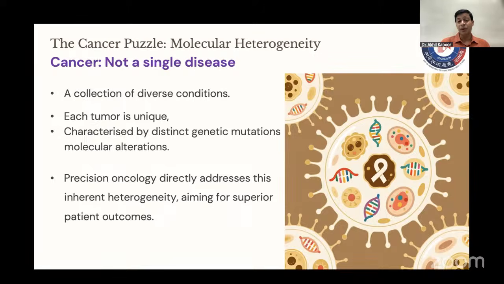The day P53-targeting treatments get developed and are effective, we'll see that 70% of cancers at least, which are driven by P53, the most common mechanism of growth of cancer, a lot of treatment will improve, and chemotherapy might become non-existent or be in a supplemental role along with these P53 inhibitors. So this is what precision oncology is. We are moving towards the scenario where for every patient we do the genomic analysis or omics integration, not only genomics but proteomics and transcriptomics, and integrate it into treatment options.